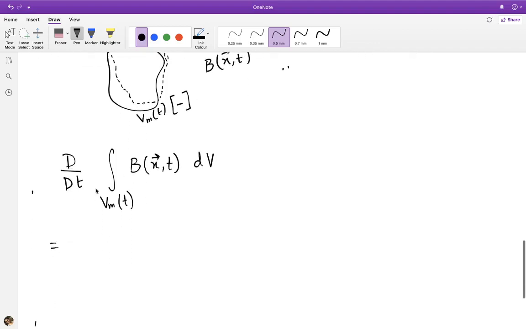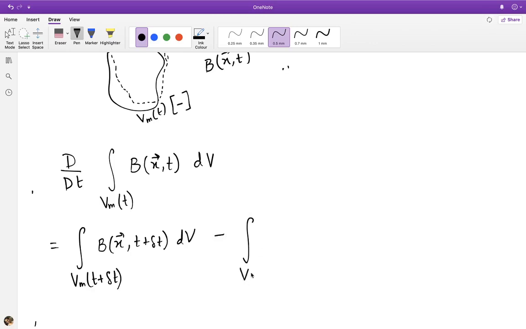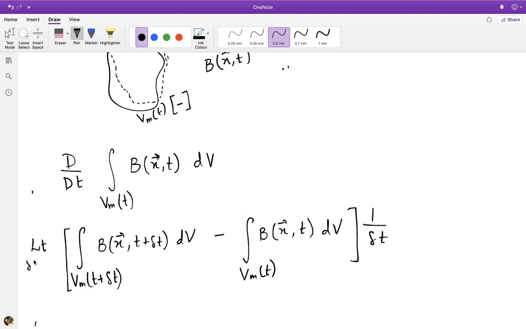So now, by using the definition of a time derivative, I can rewrite this as the integral over Vm, the volume occupied at time t plus delta t, of B at that time t plus delta t, minus the integral at time t, the whole thing divided by delta t, while taking the limit delta t going to 0.